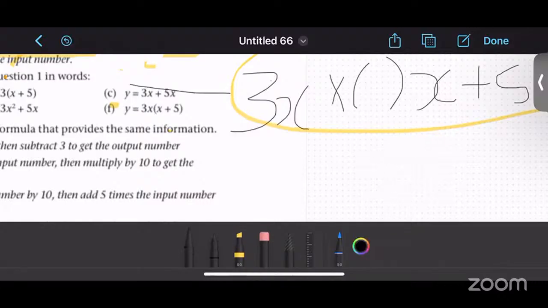We have inputs and outputs. We times the input into the numbers in the brackets. Then we add the input in the brackets to the answer for 5.